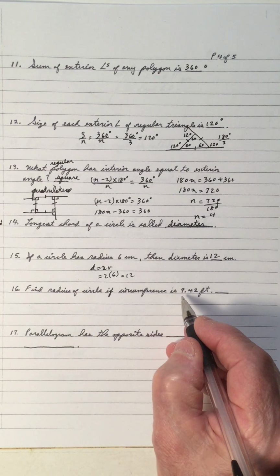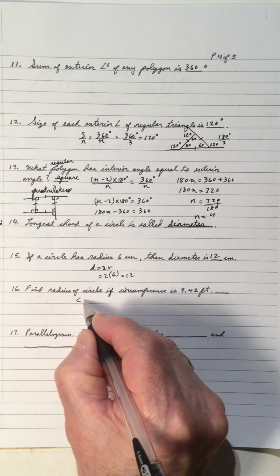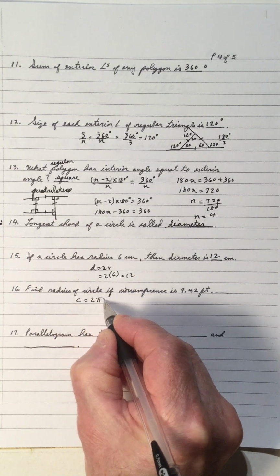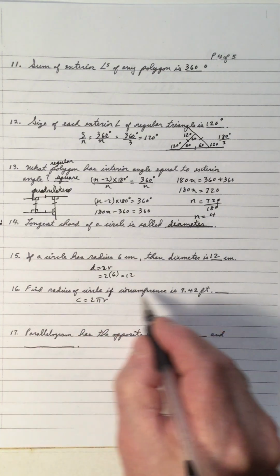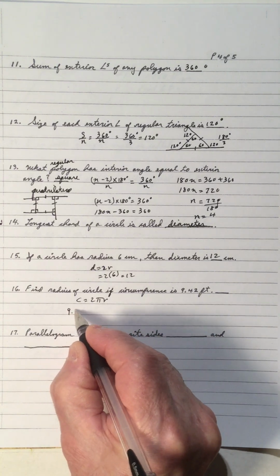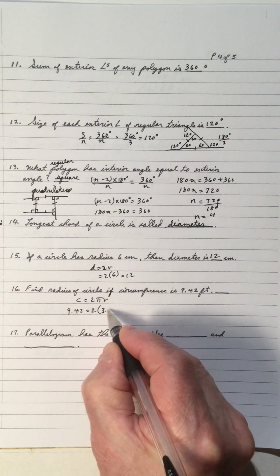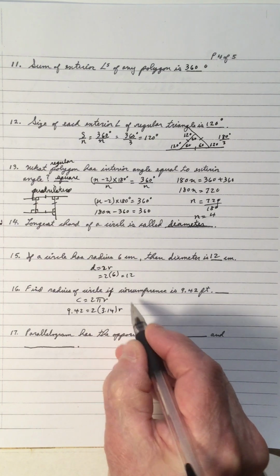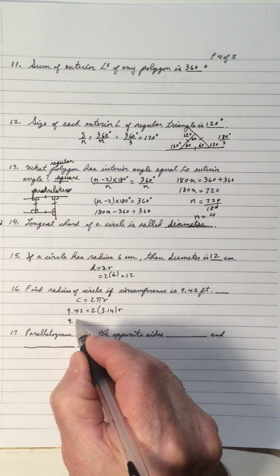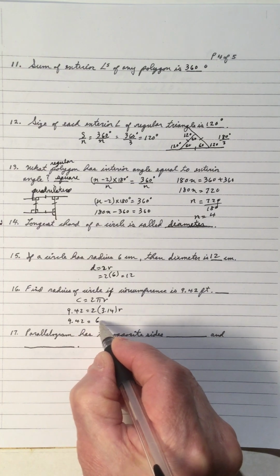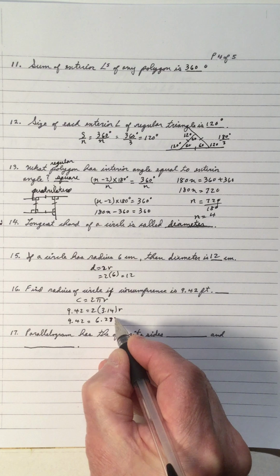Find the radius of the circle. The circumference is 9.42 feet. Circumference is 2 pi r, and the circumference is 9.42. And we change pi to 3.14, and that gives us 9.42 equals 6.28 r.